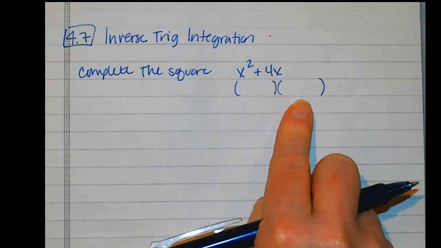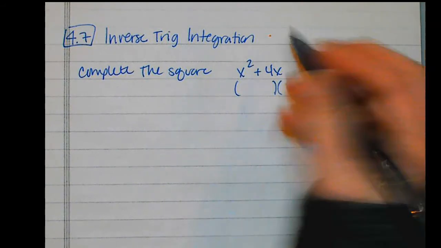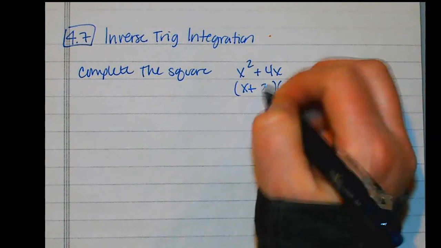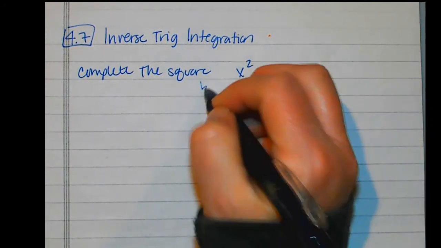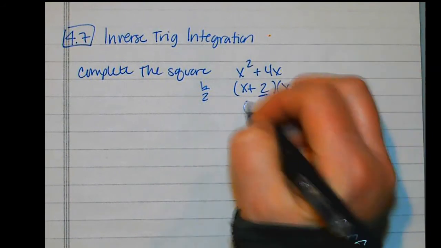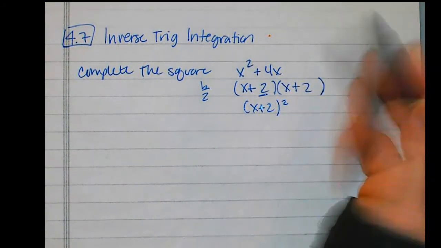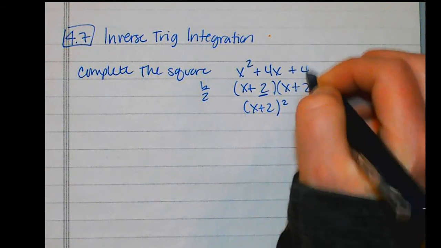If these two things are the same, what would it be? X plus what? 2. And she reminded us that if we took b and divided it by 2, we would get this value. So it would be x plus 2 squared. That means the c value has to be 4.